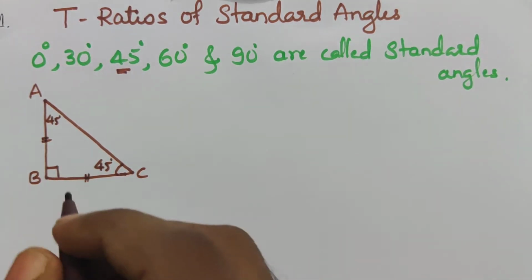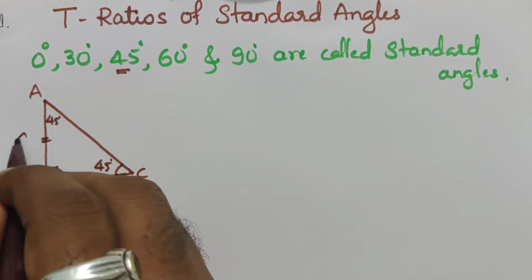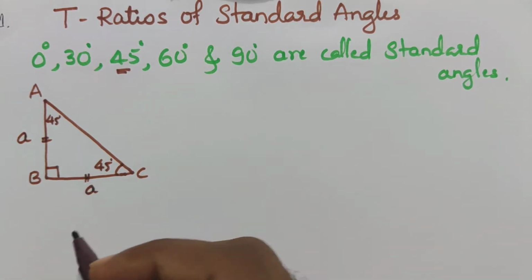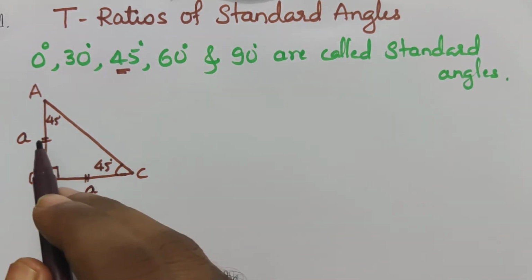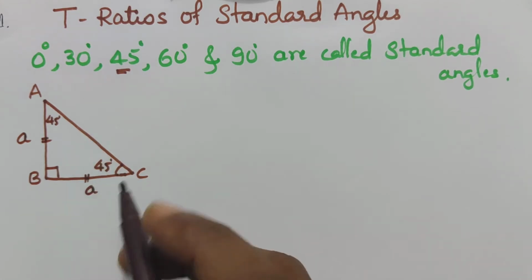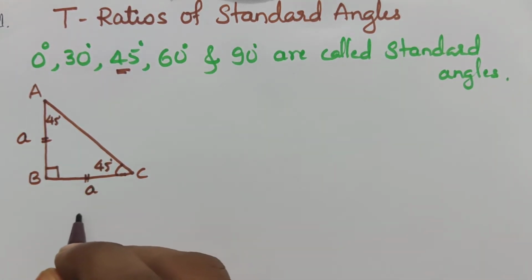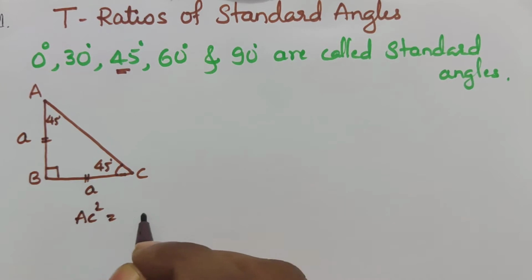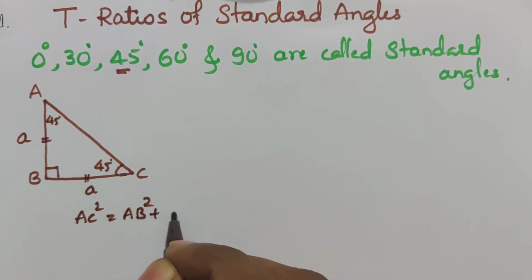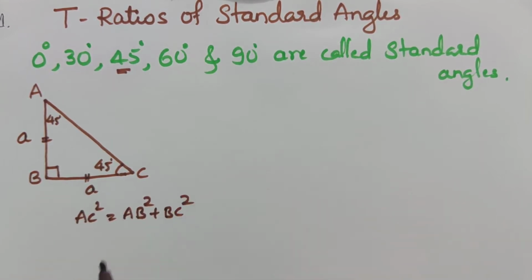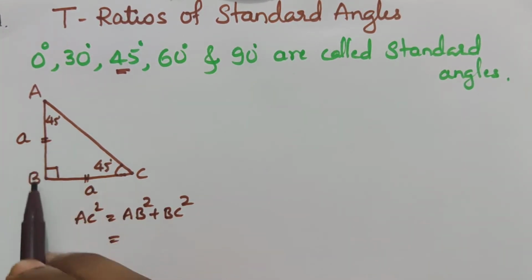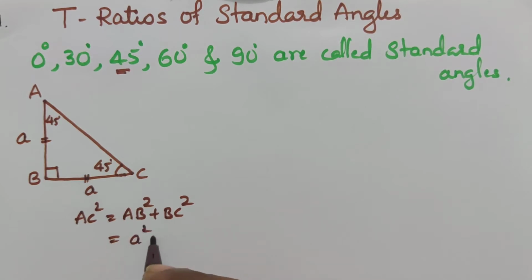So keeping this in mind, if these two sides are equal, let us assume this is A, this is also A. Then using the Pythagoras theorem, let us find AC. The Pythagoras theorem says AC square equals AB square plus BC square. AB square means A square, BC square means A square, so you will get 2A square.